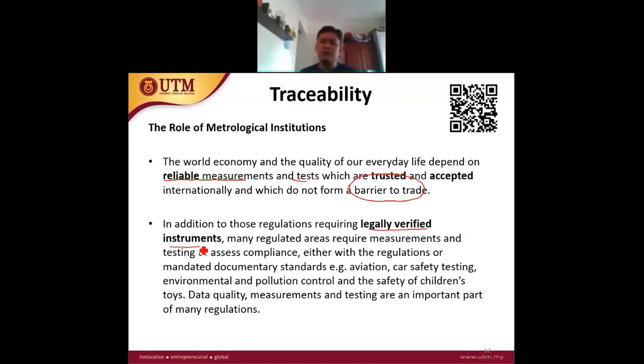The process checks, for example, the EMI, the electromagnetic interference level, even for our other equipment. So before it can be used, it must be certified. If you look under your laptop, for example, there will be certification.